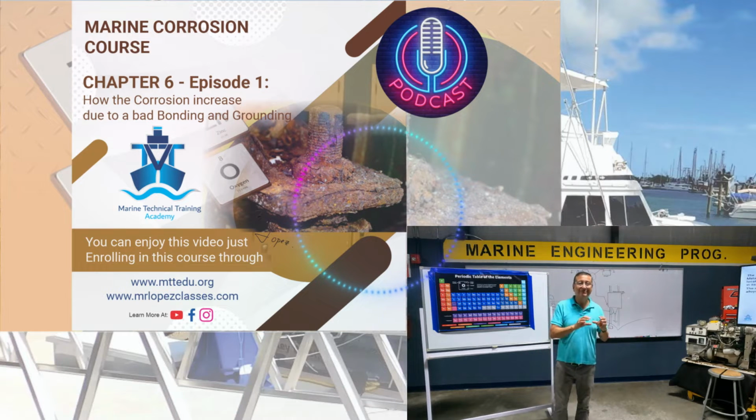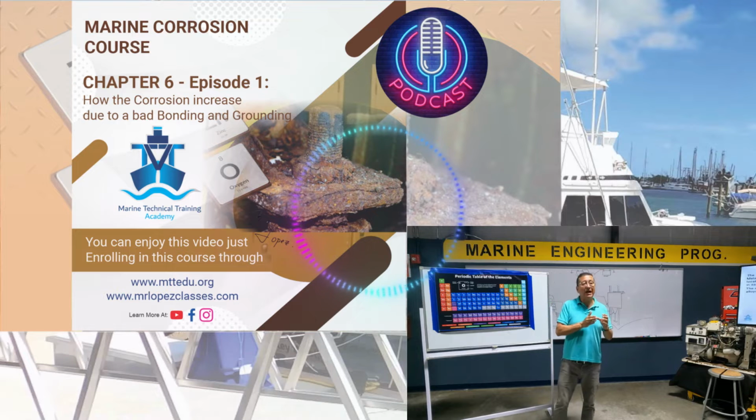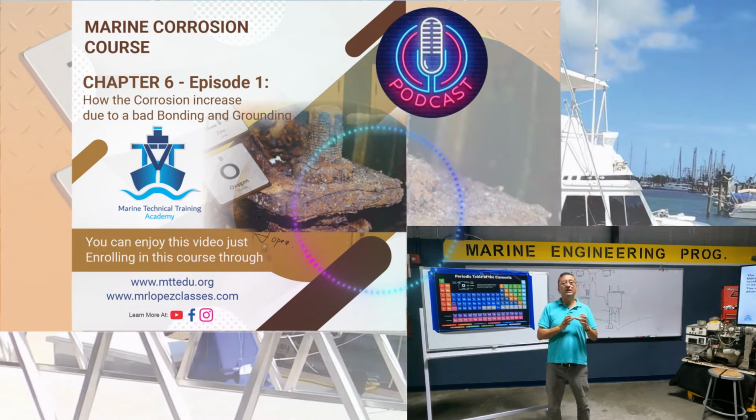Bonding, grounding, and ground. What is the meaning of bonding? Bonding is the network, the connection of all the metallic parts or elements inside of the boat connected to the bonding bus bar.